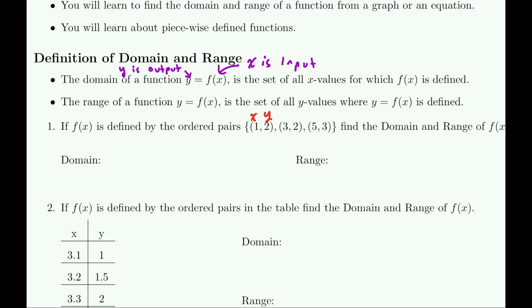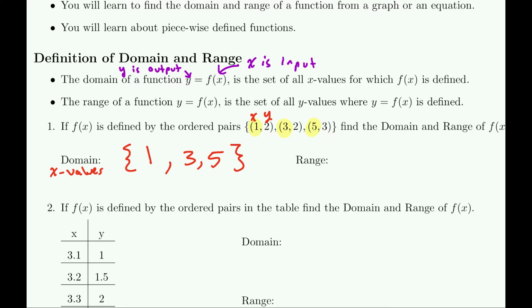So your domain of this function is going to be the x values. The way we write this is you put it in curly braces. Curly braces indicate a set. Then we list all of the x values. Your x values here are 1, 3, and 5. So 1, 3, 5. That's the domain.